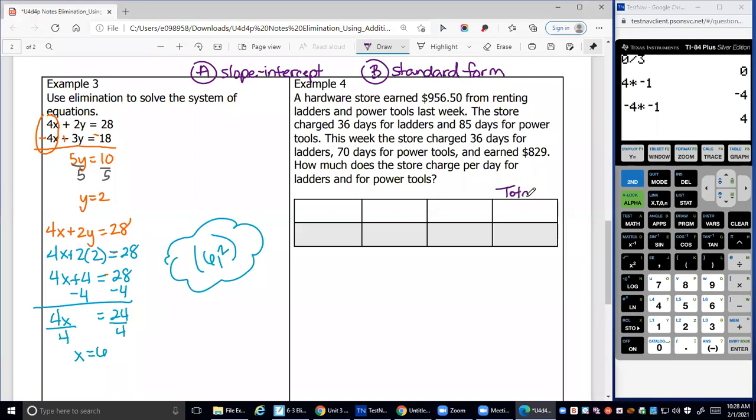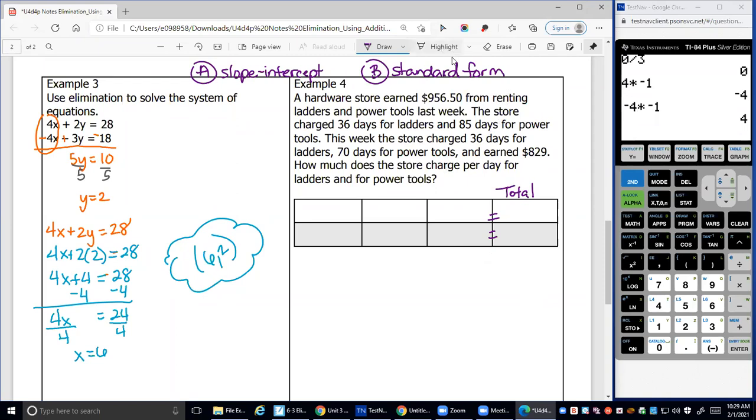Now on your test, you're not going to have a table provided to you, but nothing says that you can't make your own table. So in the chat, go ahead and send me the numbers in this problem that you think would be good totals. You have a hardware store that earned $956.50 from renting ladders and power tools, and the store charged 36 days for ladders and 85 days for power tools.